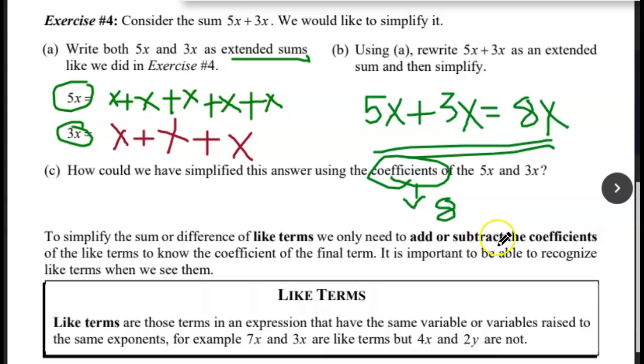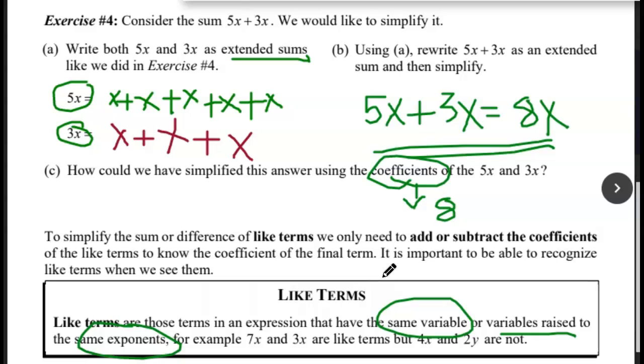It is important to be able to recognize like terms when you see them. How will you know that they are like terms? Like terms are those terms in an expression that have the same variable raised to same exponent. So those are the two categories that you had to remember. If it is x and y, then they are not the same term.